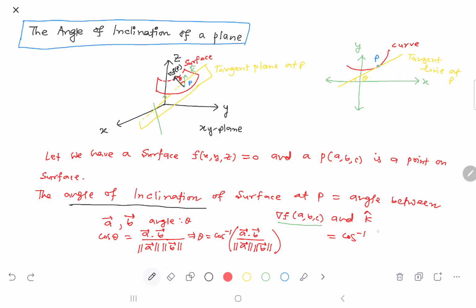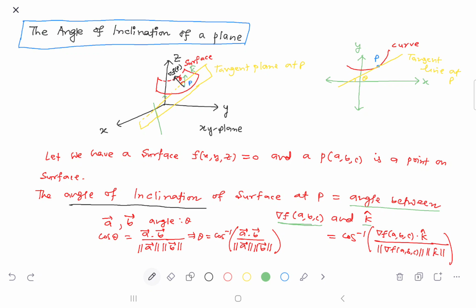So it will be basically gradient of f at (a, b, c) dot k cap divided by the magnitude of the gradient at (a, b, c) and the magnitude of k. I'm just writing it out, it is not necessary to write this because you can calculate. If you know that we have to calculate the angle between the gradient and k, then you just put it in the formula, cosine inverse of A dot B divided by magnitude of A into magnitude of B.